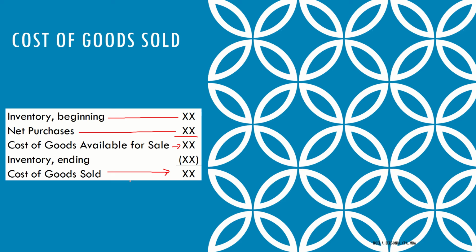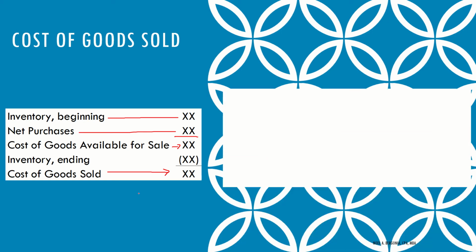So, yan po yung formula. By the way, mamaya we will be mentioning that this formula is applicable for periodic inventory system. Kasi more on periodic muna tayo dito po sa presentation na to. So, let's define what cost of goods sold is.